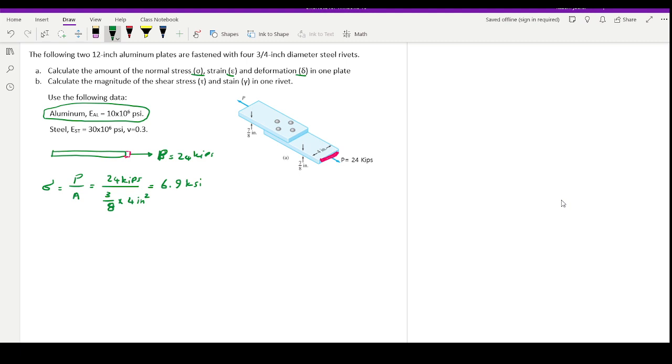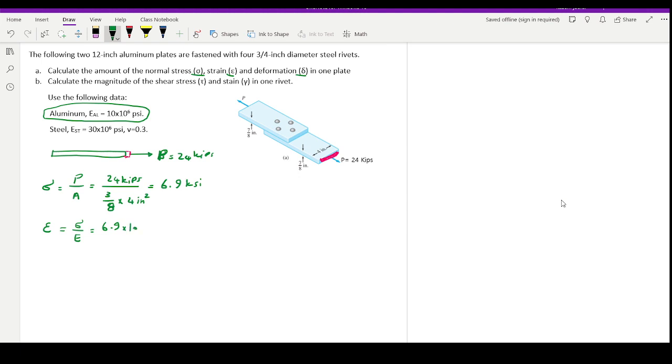Now that I have sigma, assuming that the deformation will remain in the elastic region, I can use Hooke's law and find strain based on the given modulus of elasticity. So epsilon is sigma over E, and this is going to be 6.9.